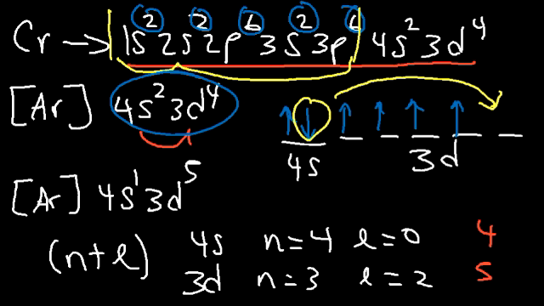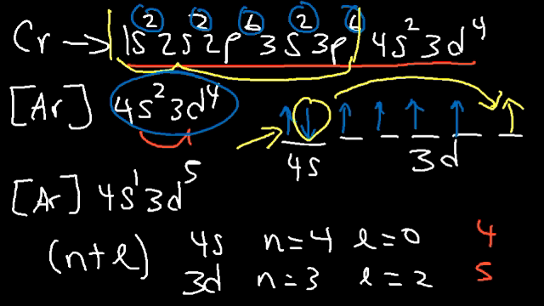So even though it's jumping into a slightly higher energy level, once it goes here, it's no longer repelled by this electron. When it's paired up with the other electron in the 4s level, there's a lot of electron repulsion. And so by jumping into the 3d sublevel, it doesn't have those electron repulsions.